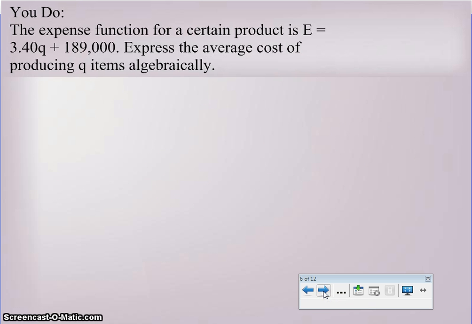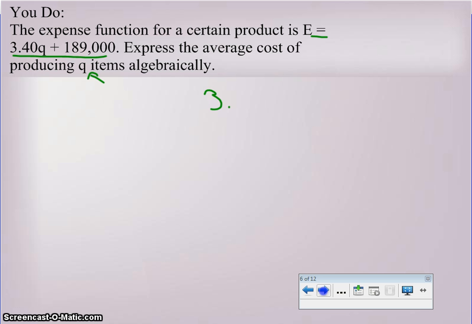Please press pause, go ahead and solve this, and when you're ready, come back. Okay, let's go ahead and look at this one. The expense function for a certain product is E equals 3.4Q plus 189,000. Express the average cost of producing Q items algebraically.